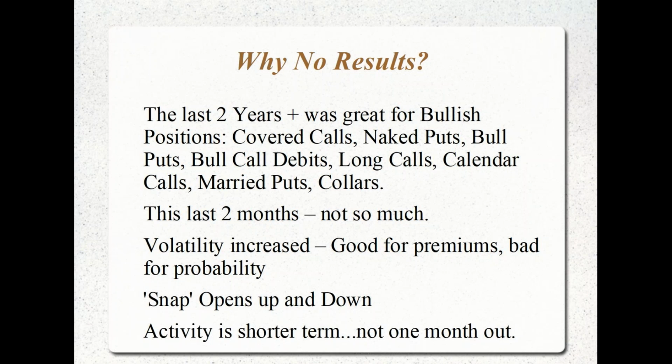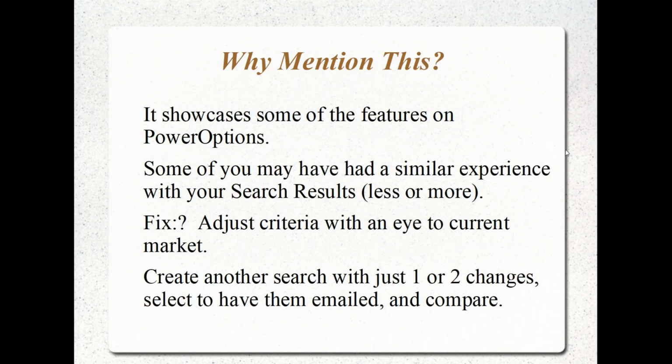Still good positions out there 1 month out, don't get me wrong. But to expect to see a good aggregate volume by 9:45, 10 o'clock every morning might not be such a good idea. So why am I mentioning this?